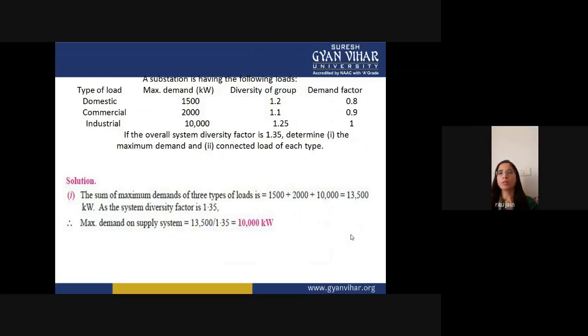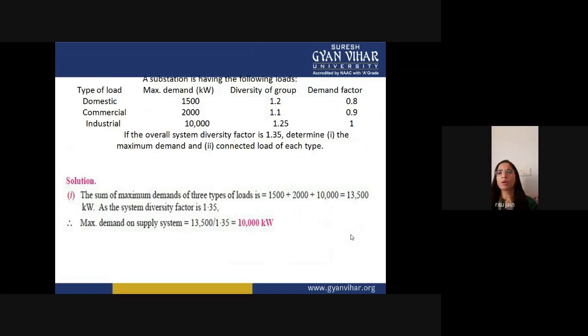For commercial load, the maximum demand is 2000 kilowatt, diversity of the group is 1.1, and demand factor is 0.9. For industry, the maximum demand is 10,000, diversity of the group is 1.25, and demand factor is 1.